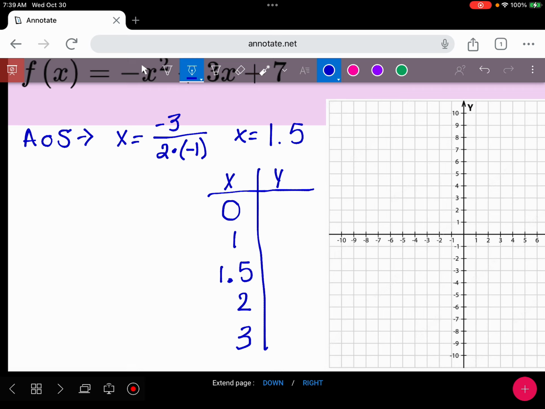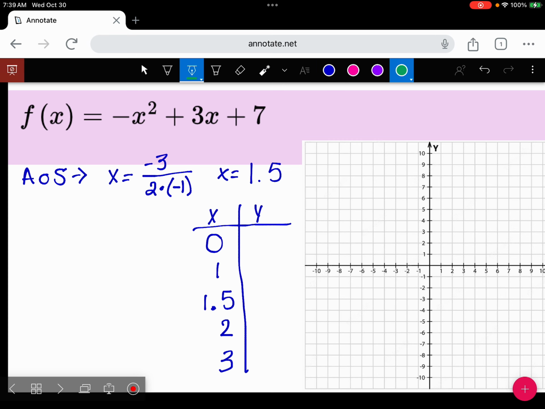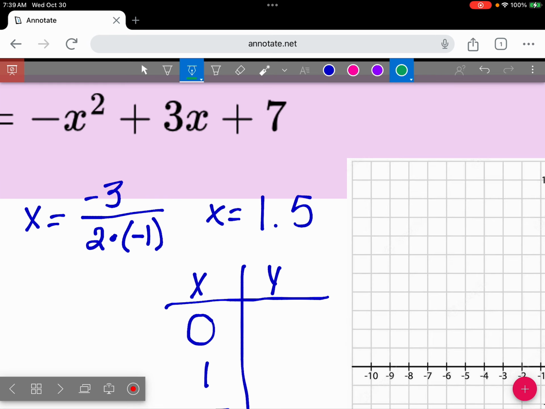So now what we need to do is find our values for our table. We have one up here that's got a shortcut. Which one do we not need to type into a calculator? 0. So what is our y going to be for 0? What's our y-intercept? 7.